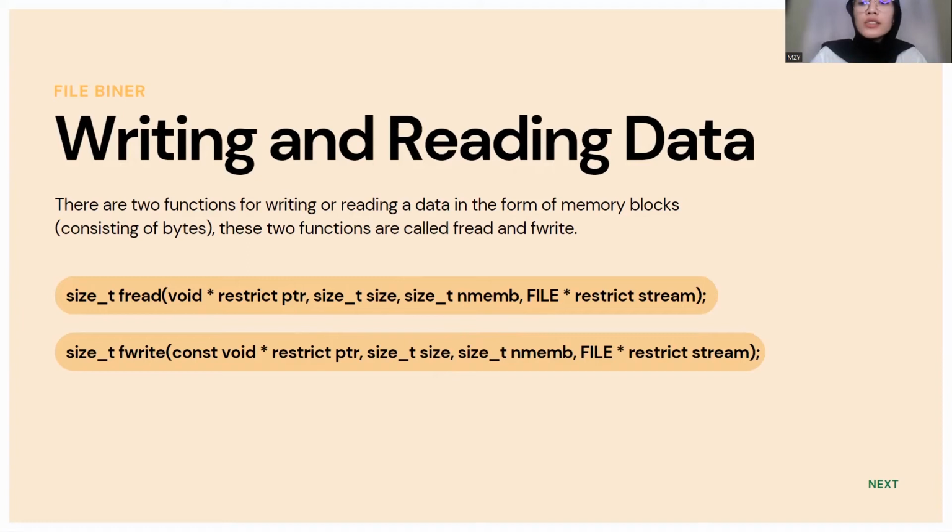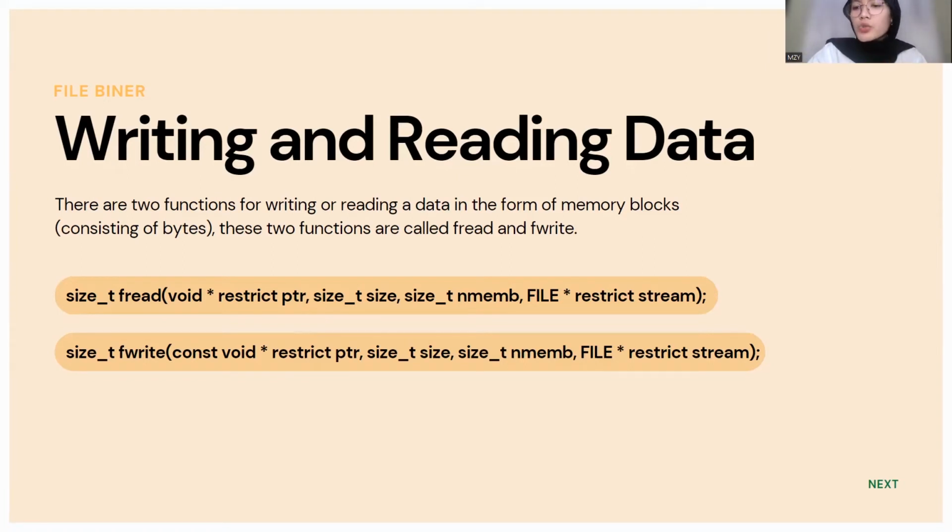size_t is a special integer data type that can store the size of an object, such as variables, arrays, data types, and anything that can store a value in memory, in bytes. This data type is also the type returned by the sizeof operator, but as part of this function it returns the number of memory blocks that have been read or written at one time.